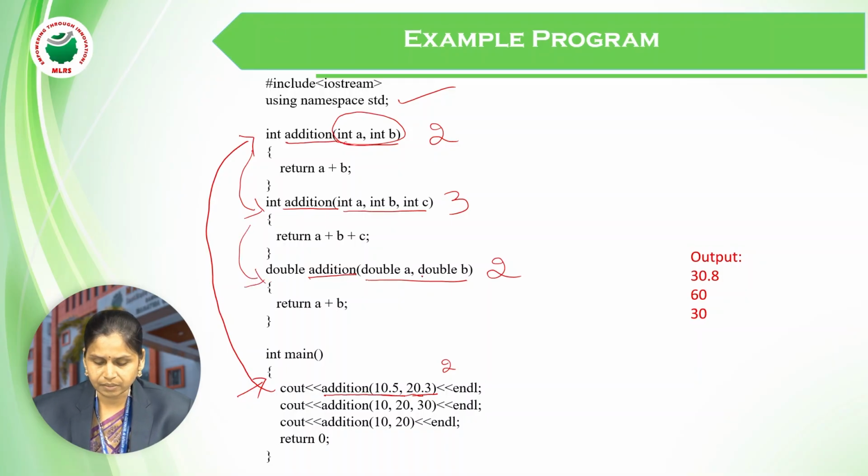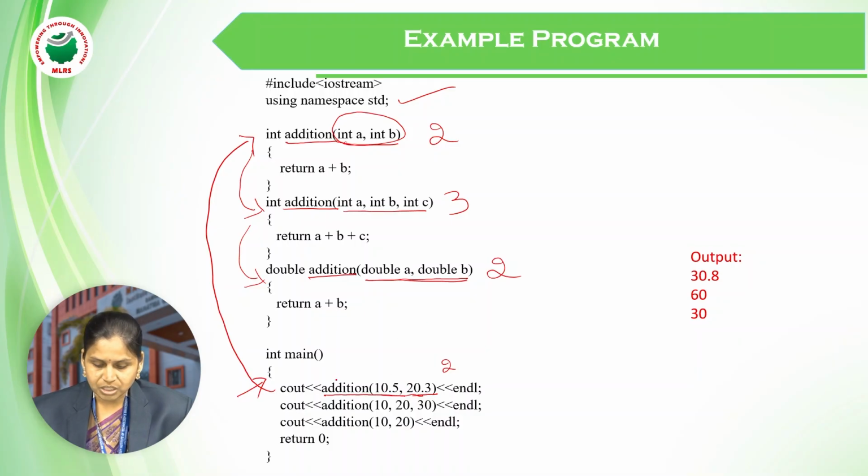And also it verifies the third function. The function name is addition. Next it verifies the number of parameters, 2. Here also we are passing 2 parameters, and it verifies the data type of the parameters. Which data type are we using here? Here we are using A comma B. What are we sending? We are sending 10.5 comma 20.3, double data type. These 2 are matched.